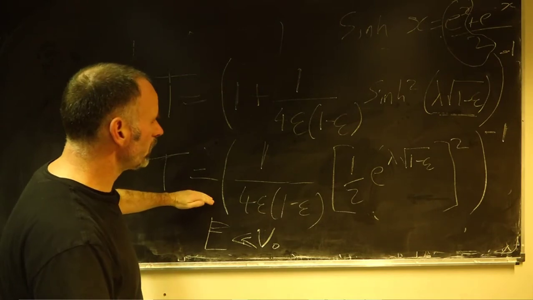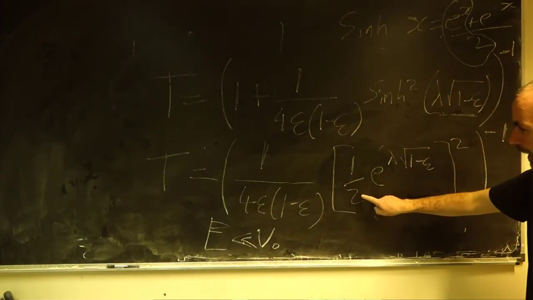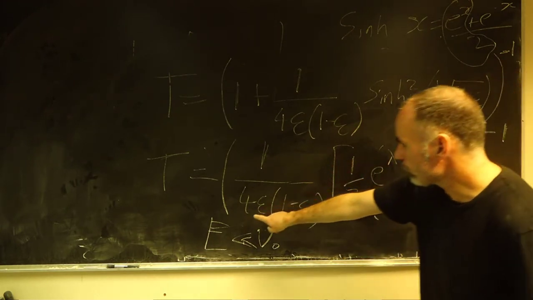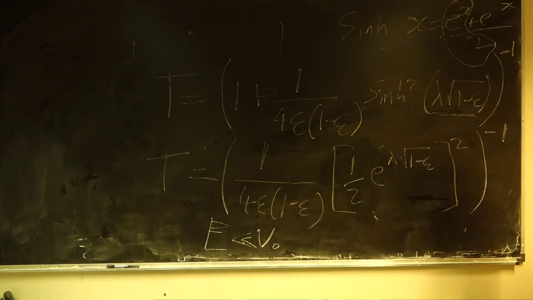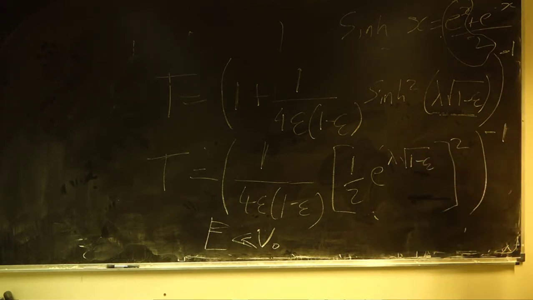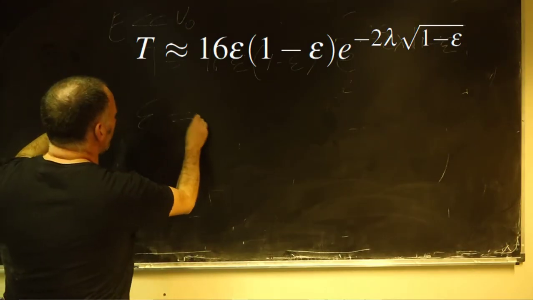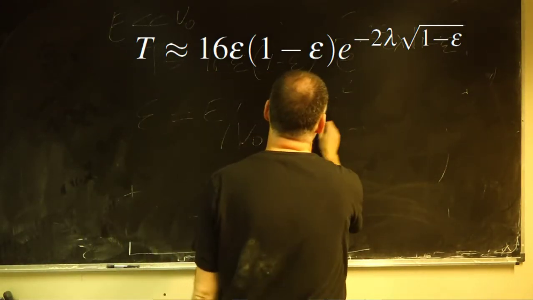What I'm going to do now is take that expression. Squaring this term up, we're going to have 1 over 4 here. Take that out, then we'll have 1 over 16 epsilon into 1 minus epsilon. And then remember this is squared, so we're going to have e to the 2 lambda root 1 minus epsilon, and then we've got to invert that. So let's remind ourselves of what epsilon is, and what lambda is.